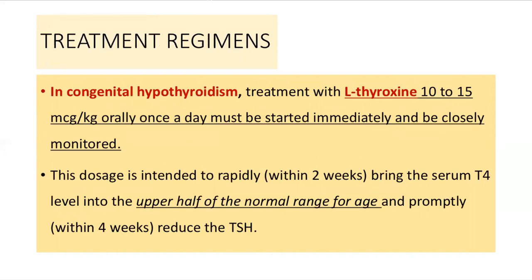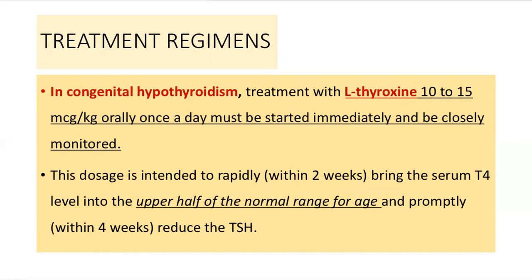بندي L-thyroxine 10 to 15 microgram per kg orally once a day. This dosage is intended to rapidly في خلال أسبوعين bring the serum T4 level into the upper half of normal range for age.